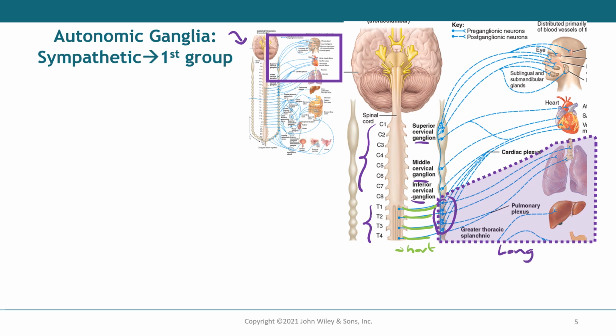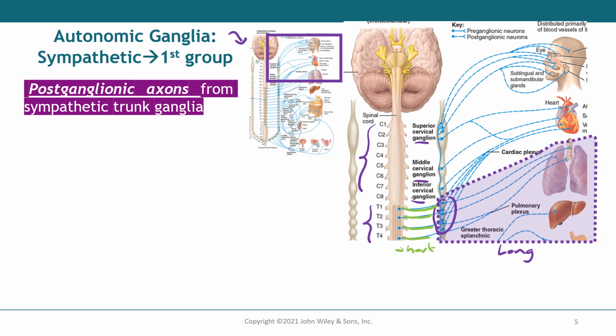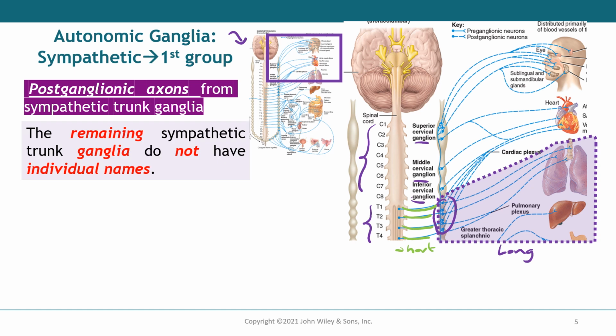Okay, so just to remind you, we are still talking about the first group, about the postganglionic axons that come from the trunk, and I told you that those ones, this second section, don't have names. Instead of being close to the cervical regions, they will be close to this thoracic area, but they don't have specific names. And it's this region that I just showed you here.